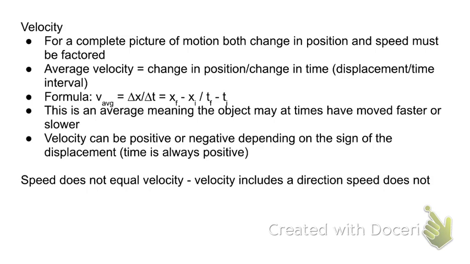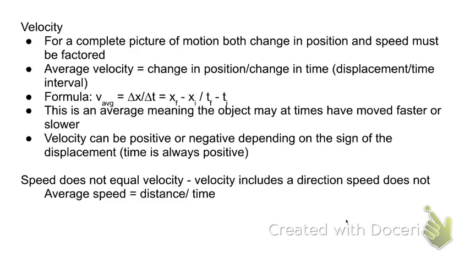A speed is accurate without a direction, but a velocity is not. And that's why average speed is going to be distance divided by time, but if we're doing velocity, we're using displacement and not distance, because they're just slightly different.